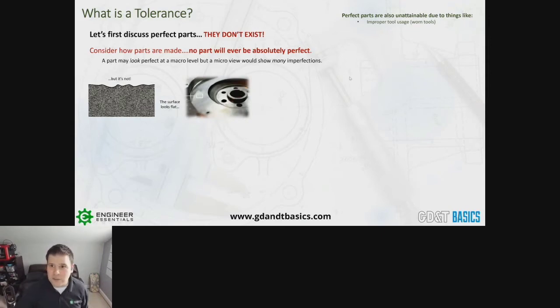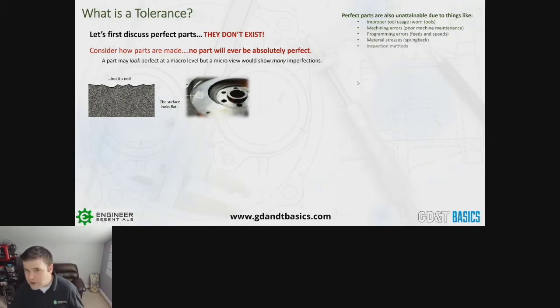When you give something to a supplier, their tools are going to wear over time. They're not going to make it with a new tool every single time. You'll also have machining errors, programming errors, material stresses, inspection methods. I mean, sometimes your part's made really well, and sometimes the inspection method you can't get to, to inspect it. So there's an issue.